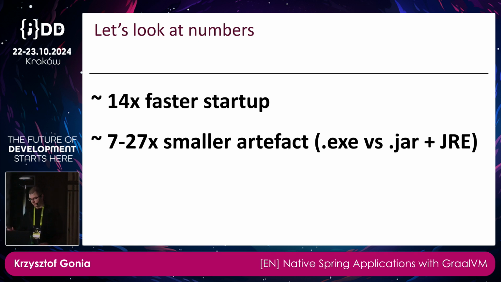But it's not just a comparison of the executable versus the jar file; you need to remember that you need to ship the whole environment. When you have the exec file, you need some basic Linux image, and that's all to run your app. But if you want to run a jar file, you need to ship the whole environment.